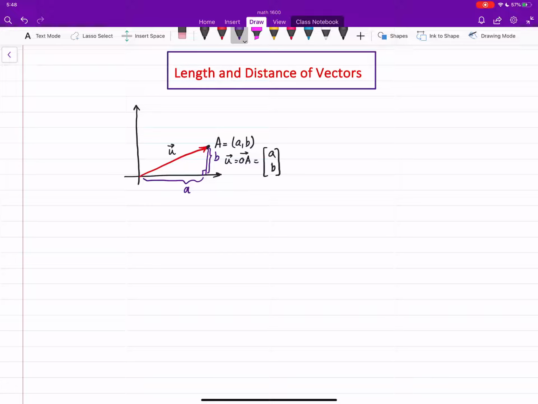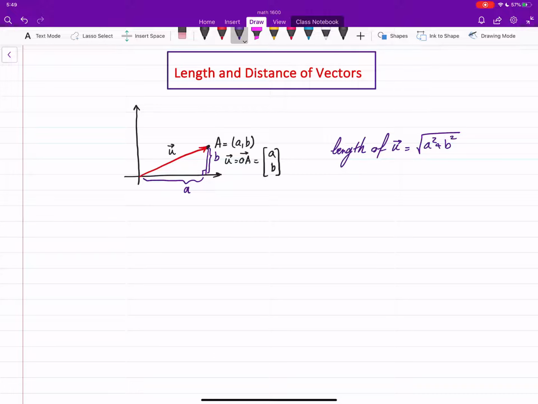We'll use the Pythagorean theorem, and you get that the length of u is a squared plus b squared, and then find the square root of that.